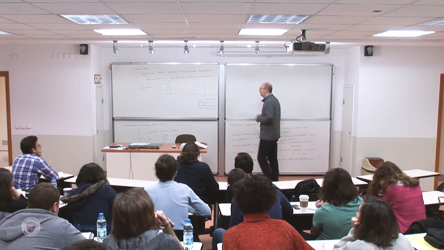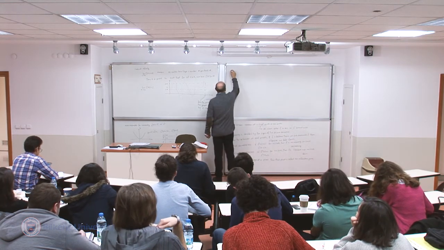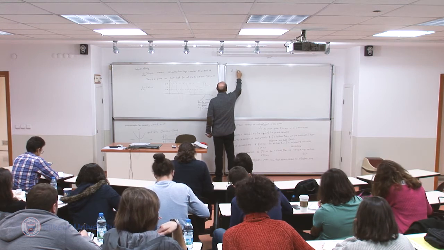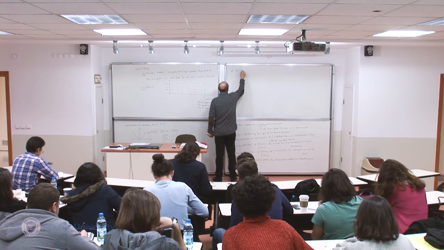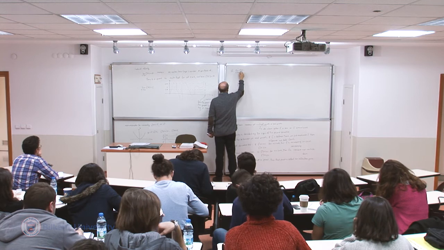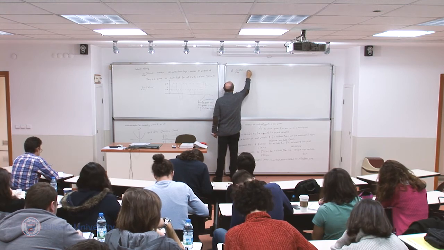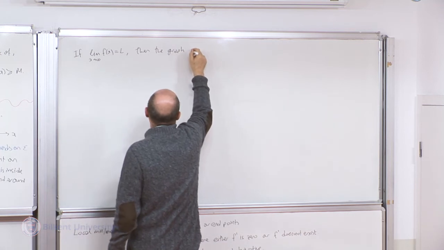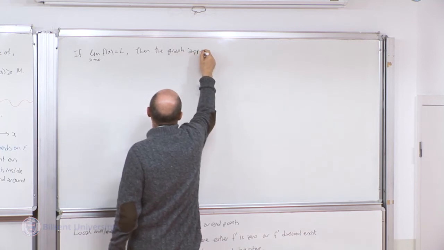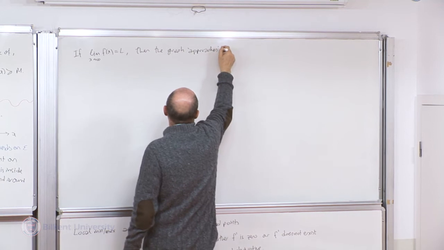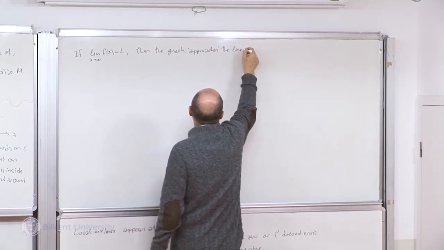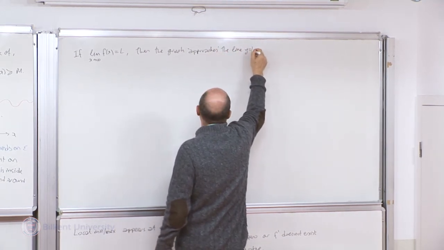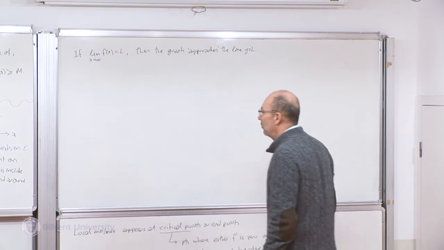So if the limit of f of x as x goes to infinity is equal to L, then the graph approaches the line y equals L.